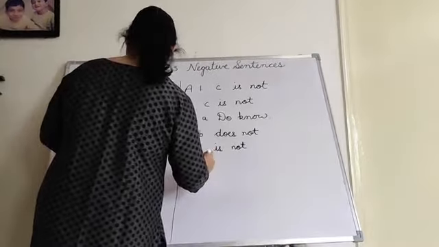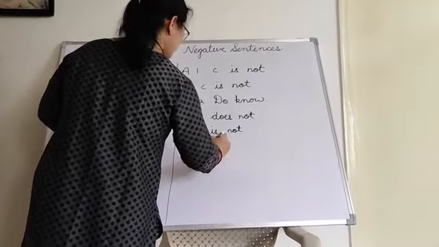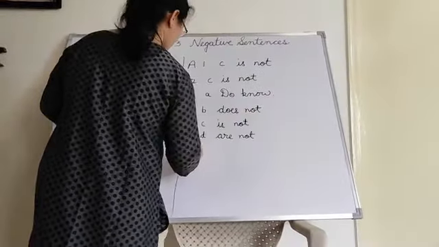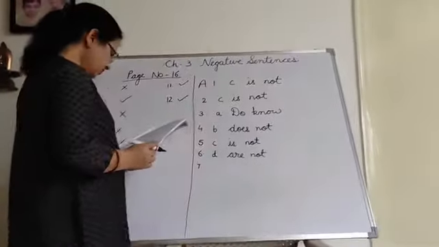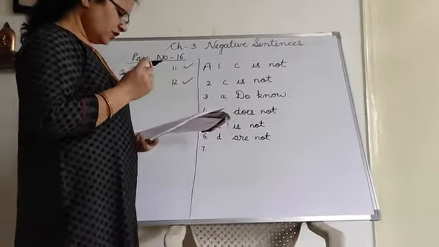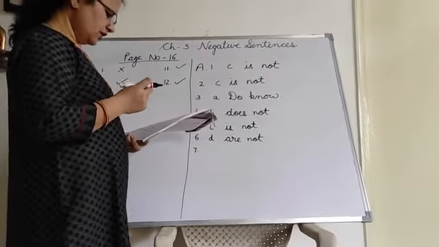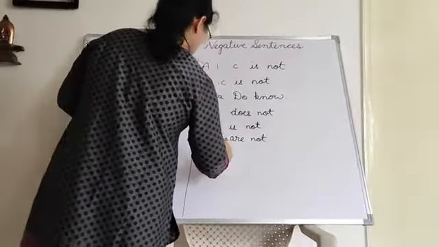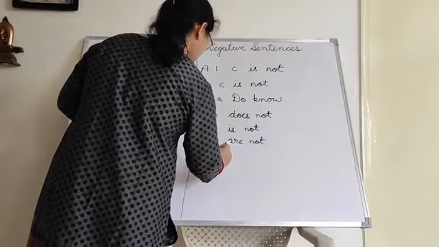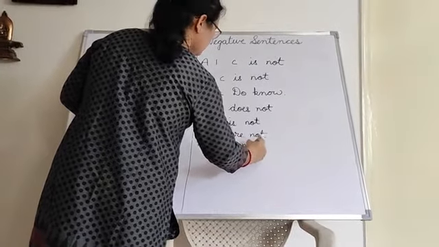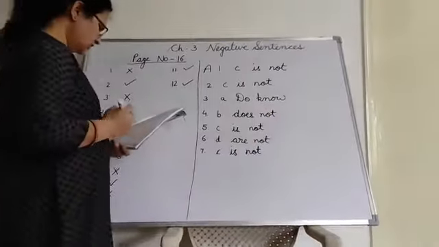So sixth one, D option is correct. Are not. Now seven children, this curry dash tasty. So what will come? Is not tasty. This curry, this is option number C, is not tasty.